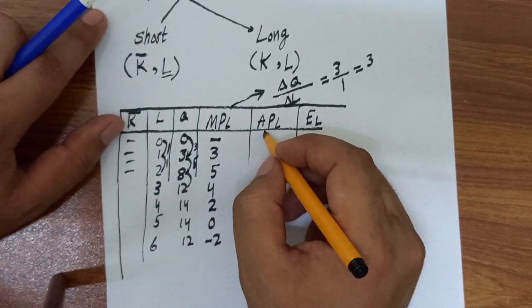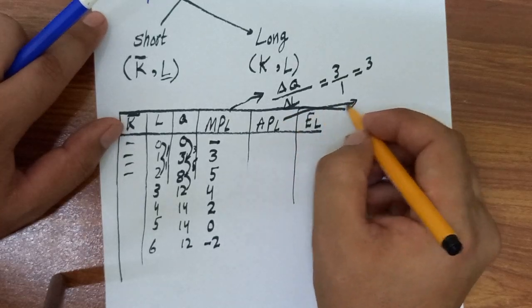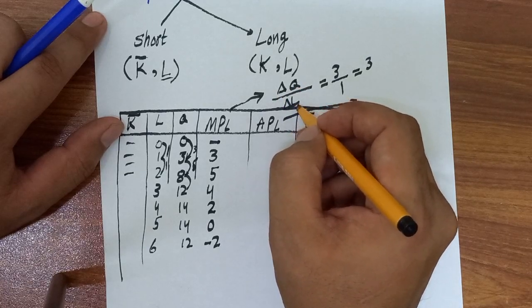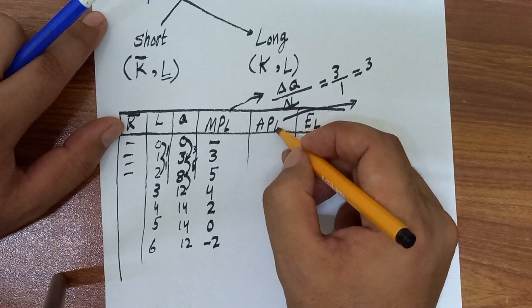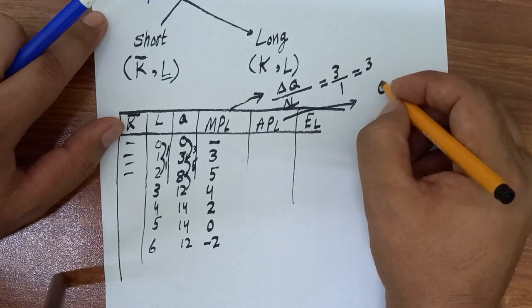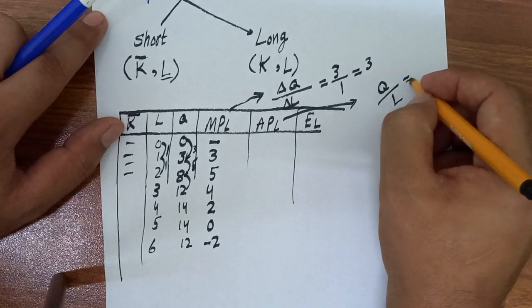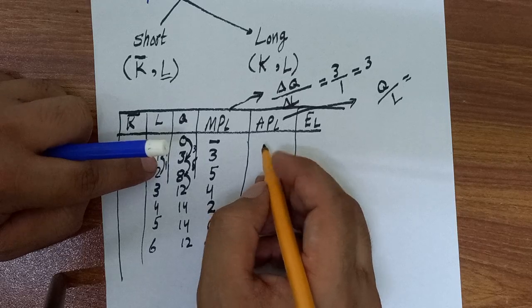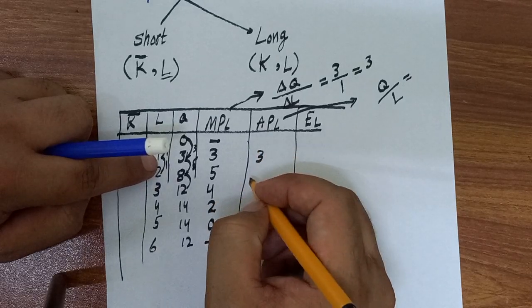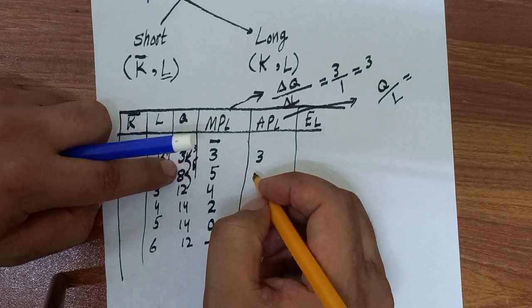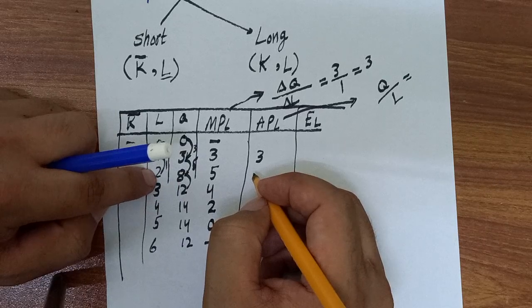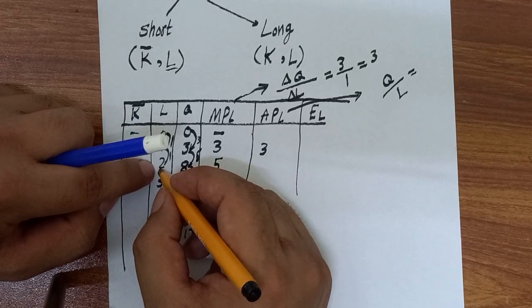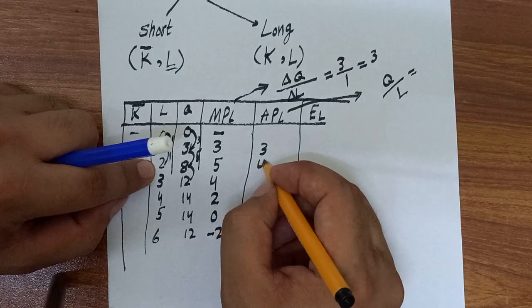How do we find the average of it? Here we had change in quantity divided by change in labor, but in the average product of labor we will have total quantity divided by L. So here the quantity is 3 divided by 1 we will get 3, and the next we have 8 divided by 2, because the quantity is 8 and the labor unit is 2, so we will get 4.